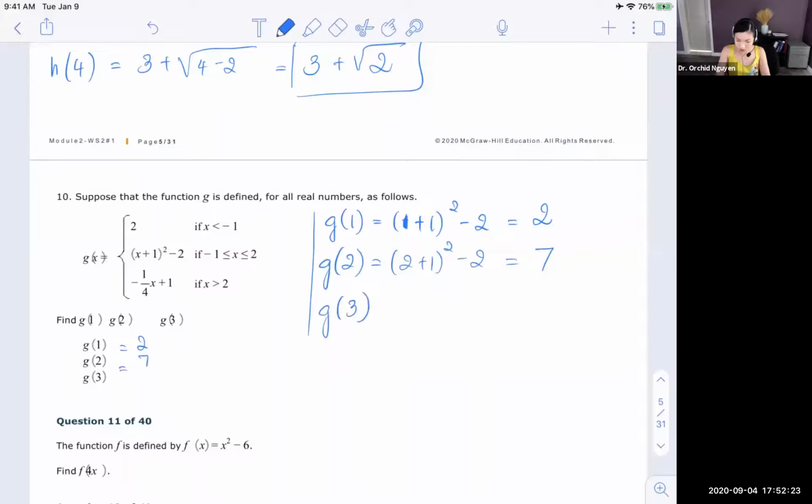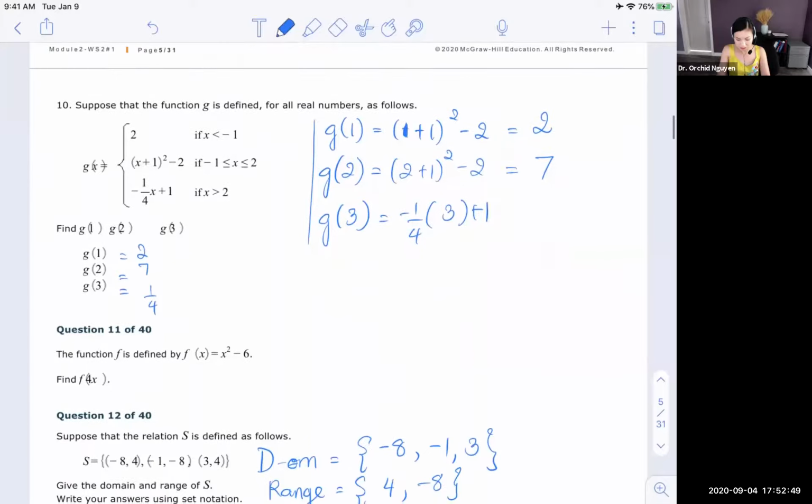So g of 3, you have to use this one. So it's going to be negative 1/4 times 3 plus 1. So it's going to be 1/4. Make sure you use the right part for piecewise function.